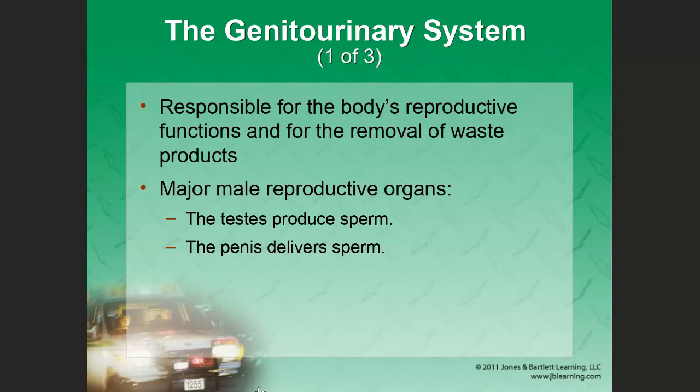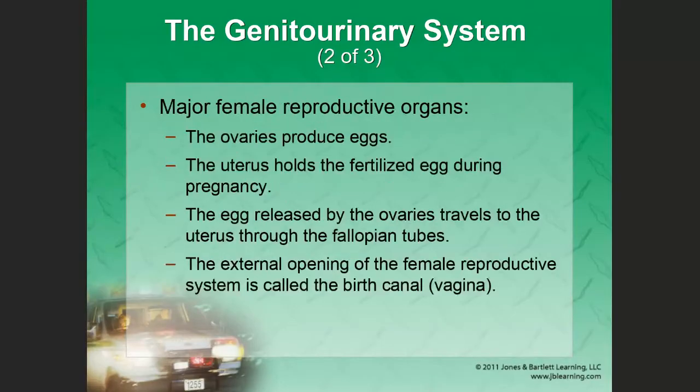Now, the genitourinary system is responsible for the body's reproductive functions and for the removal of waste products. Major male reproductive organs include the testes, which produce sperm, and the penis, which delivers the sperm.